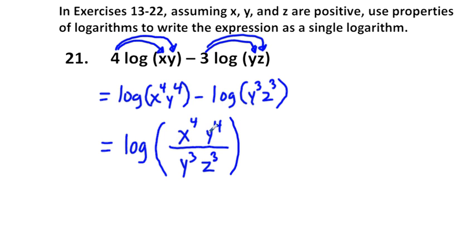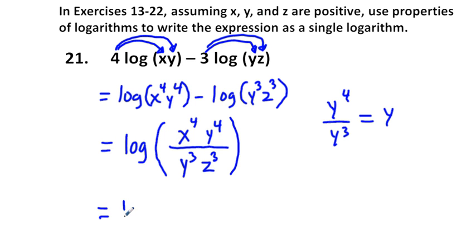Now, in the numerator and denominator, the thing we have in common are y's. And for that, if we have y to the 4th divided by y to the 3rd power, which is what we have here in the numerator and denominator inside this logarithm, we're going to end up with a single y in the numerator. Right?